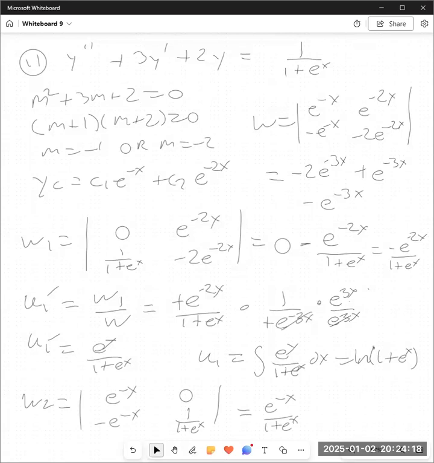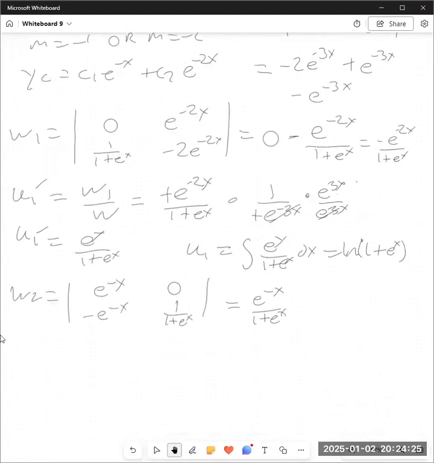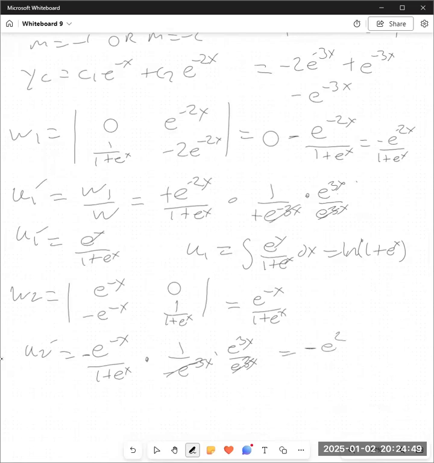That is going to be then divided by W to get u2 prime. Multiplied by e to the 3x, top and bottom. Move that there. And so this is a negative e to the 2x over 1 plus e to the x.